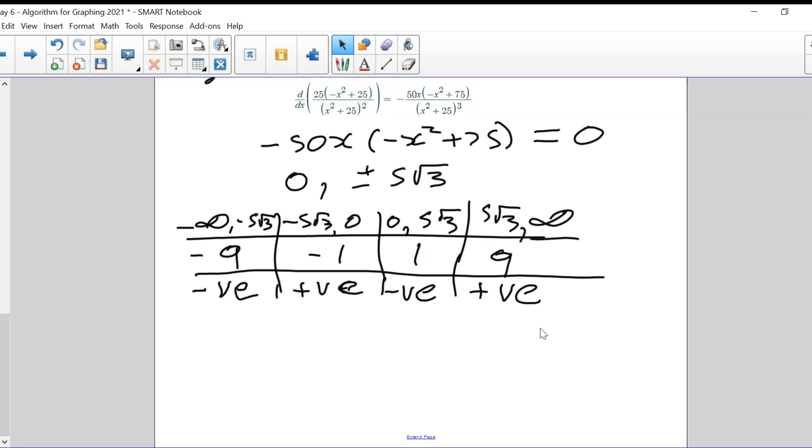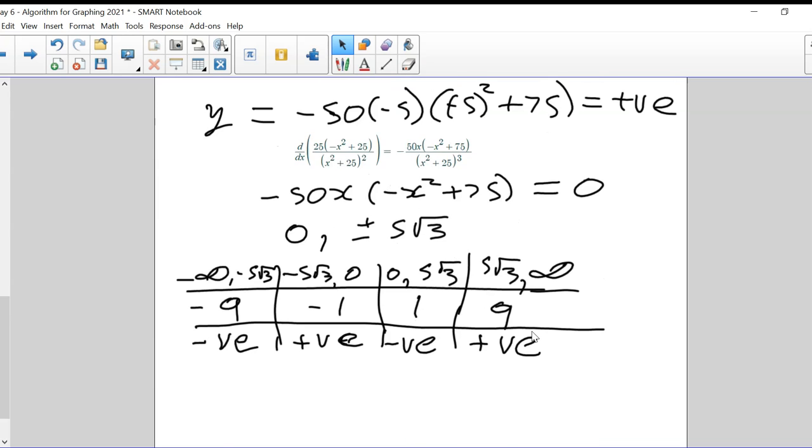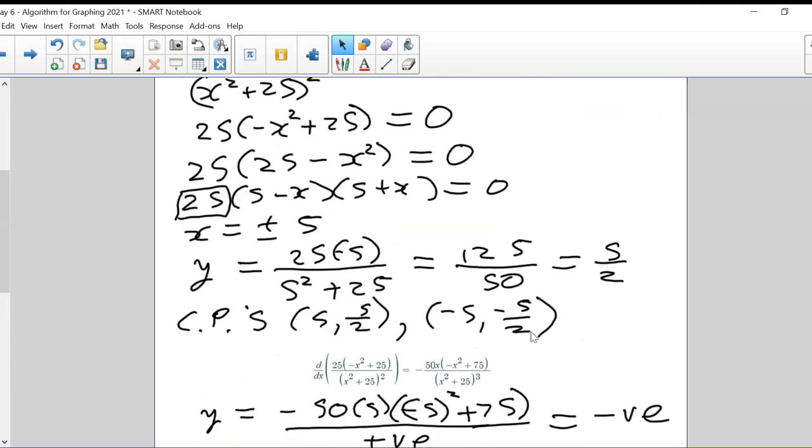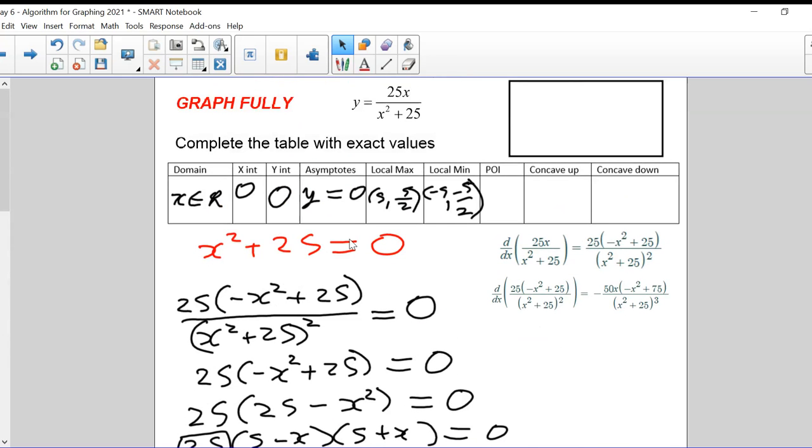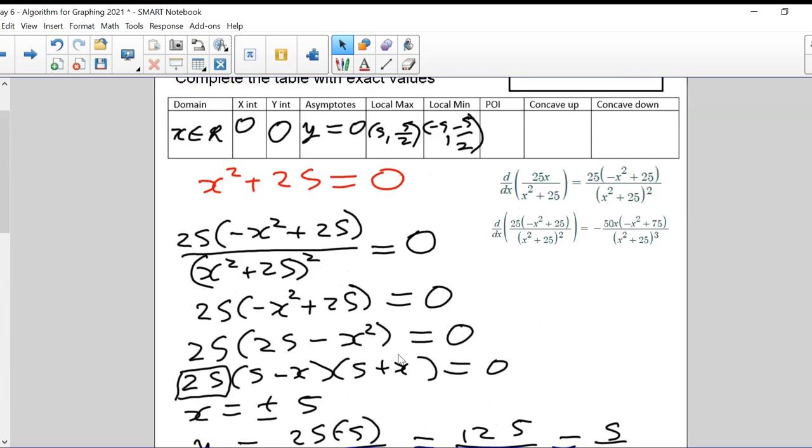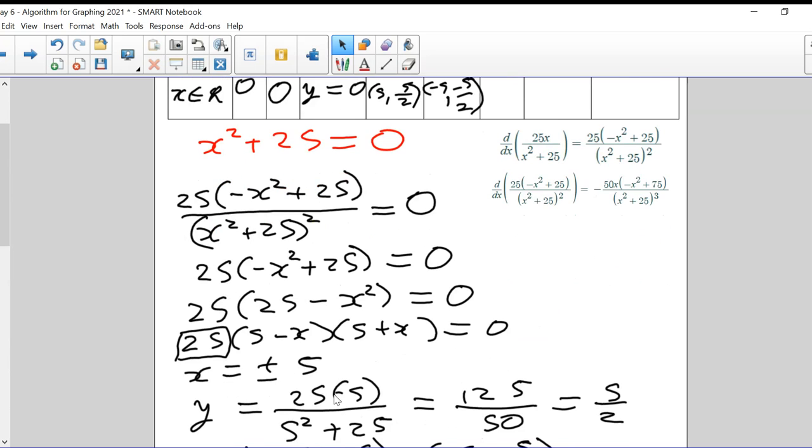There are 2 concave up and concave down intervals. Absolutely. Min and max, Kushi? Not so much, because we already got the min and the max. Remember that the first derivative can tell us that. The first derivative, which is this thing I'm pointing to, when we set that equal to 0, we got these 2 values of plus and minus 5.